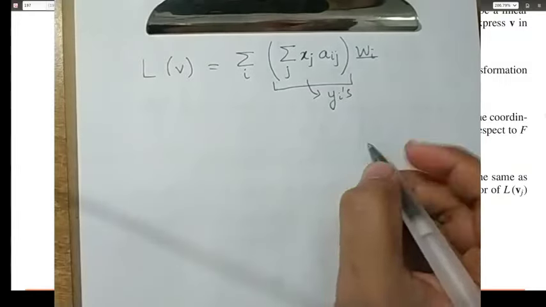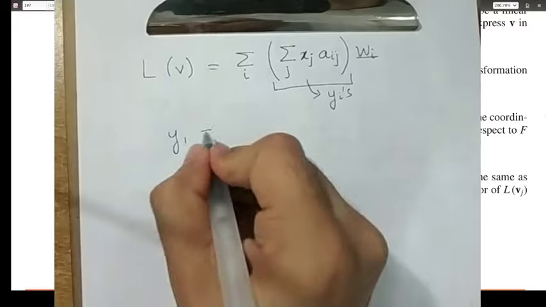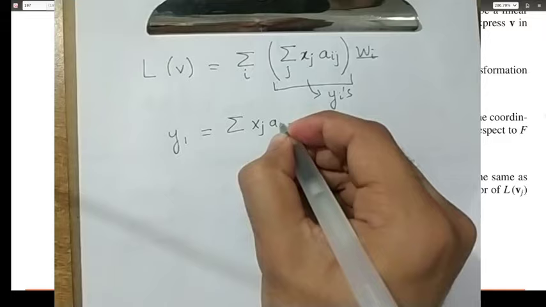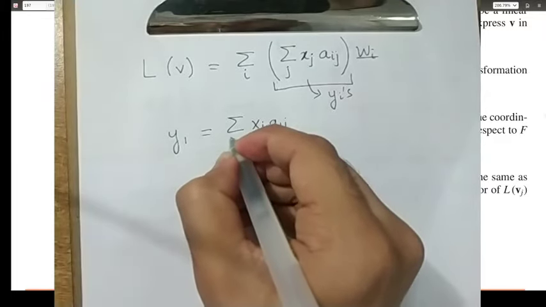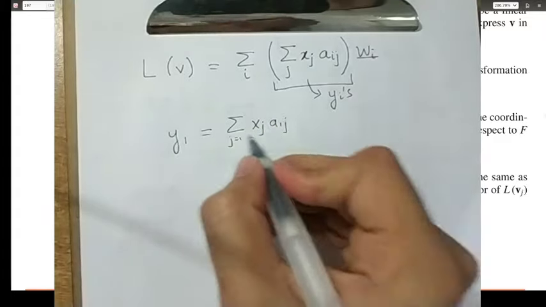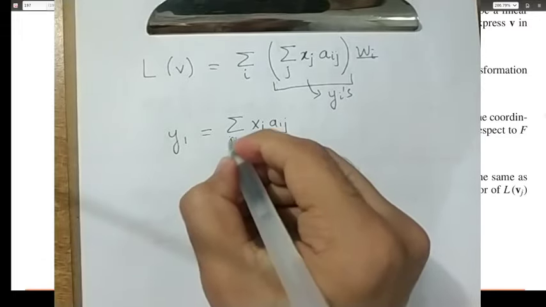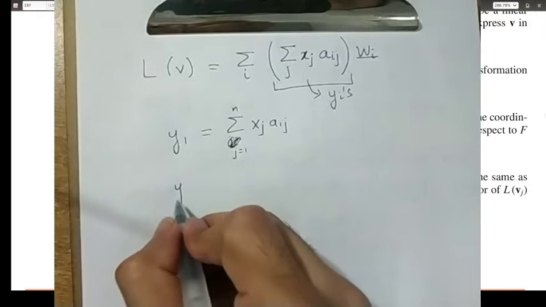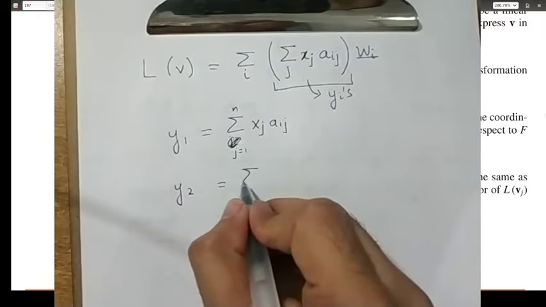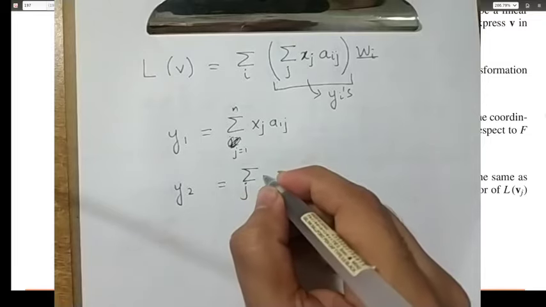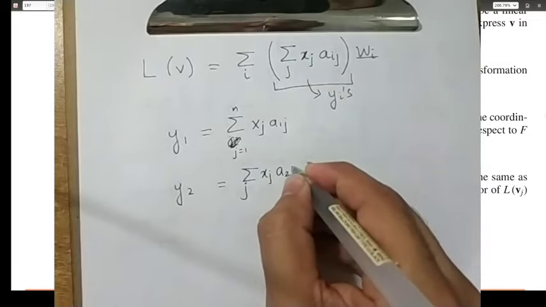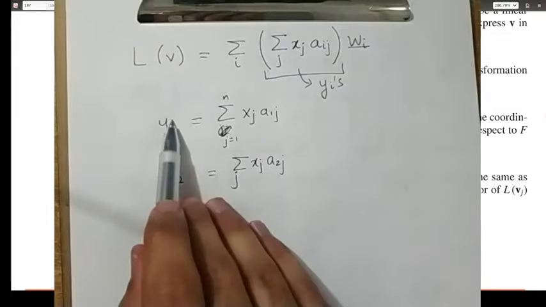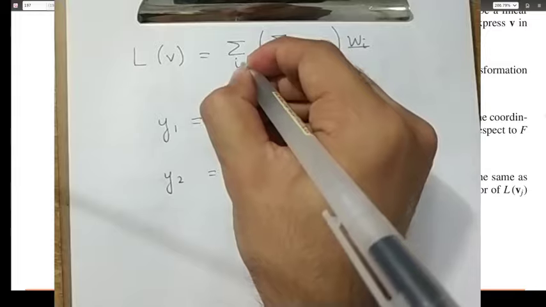These are scalars. So for example, y1 is simply summation of xj a1j, where j goes from 1 to n. Similarly, y2 is nothing but summation over j of xj a2j, and so on. So what we're getting are these constants y1 to ym.